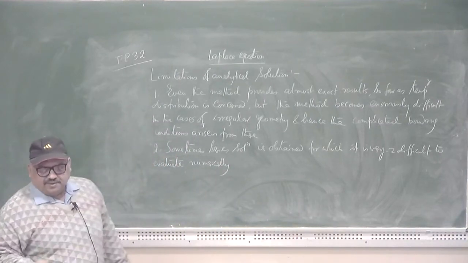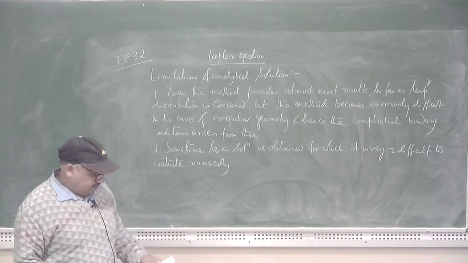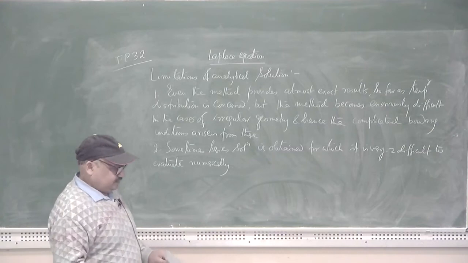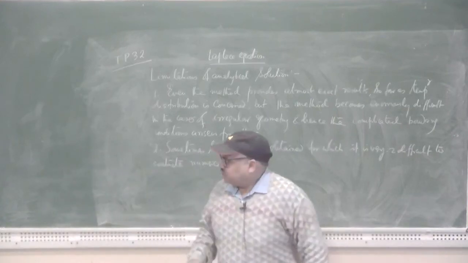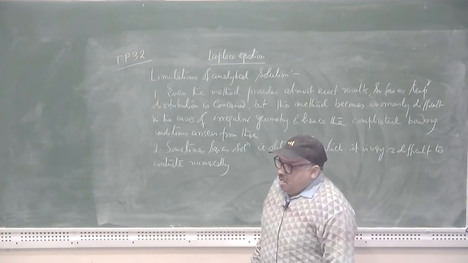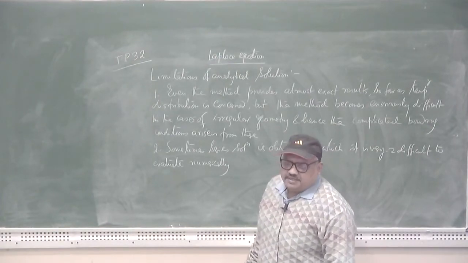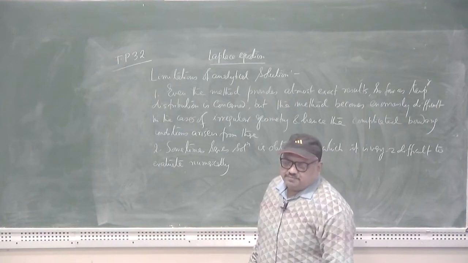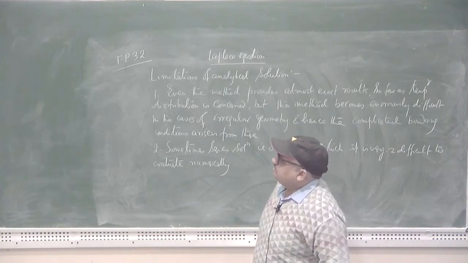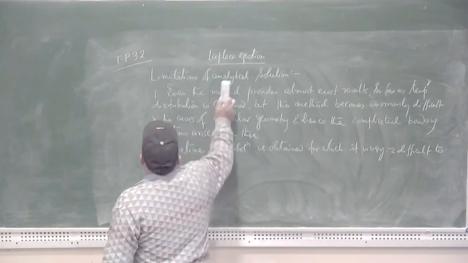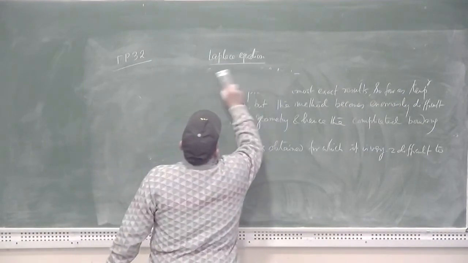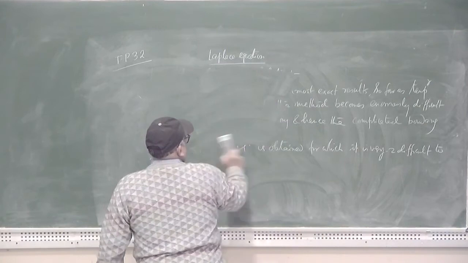So, these are the limitations of the analytical solution. Now, let us consider the case of a semi-infinite plate and see how the temperature distribution in that particular case can be determined by using this analytical technique. The illustration of this analytical technique is the last thing to be covered in the present class.